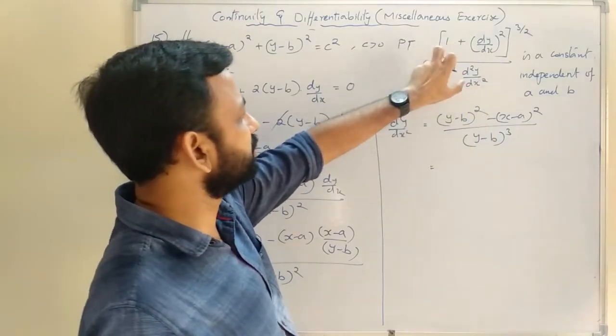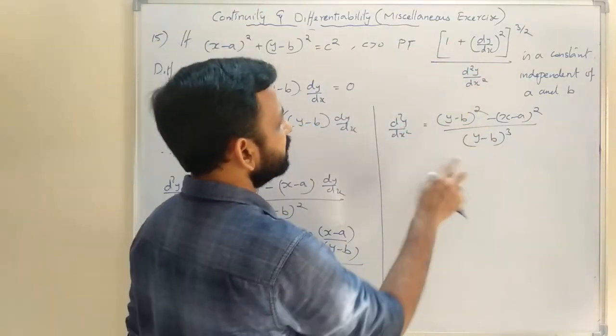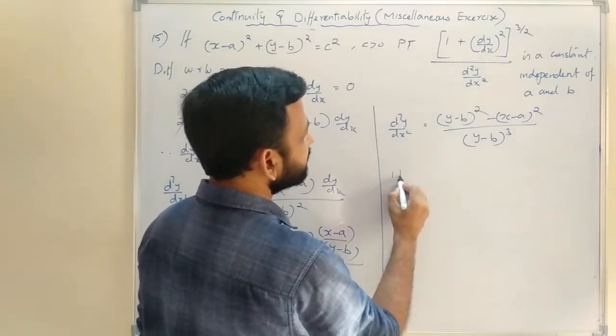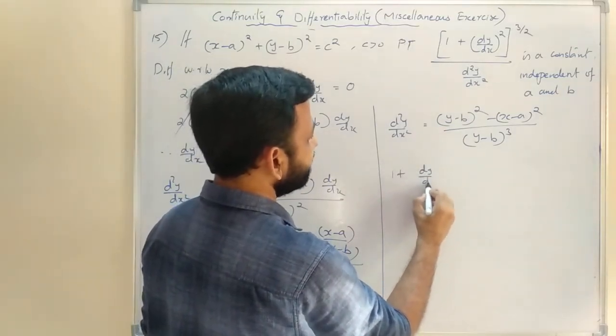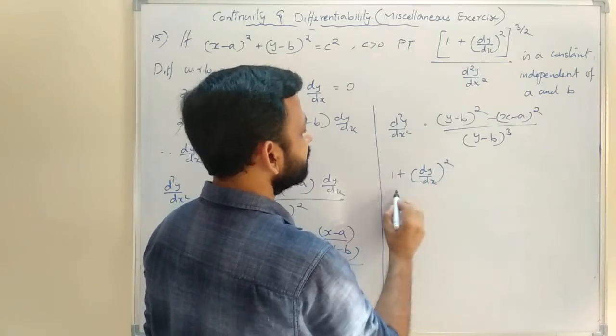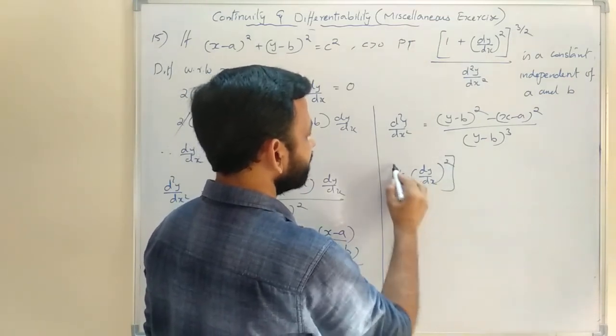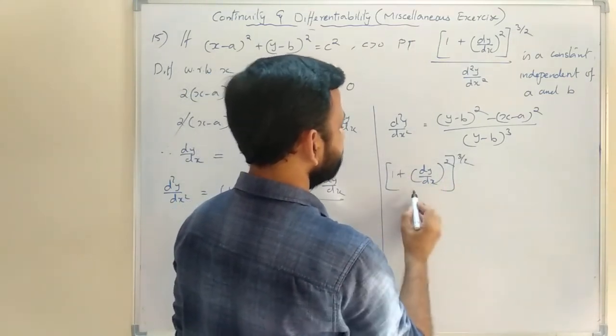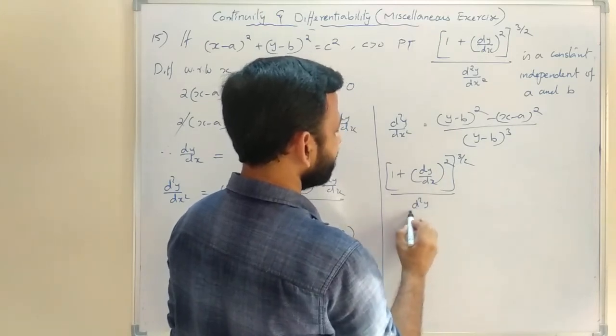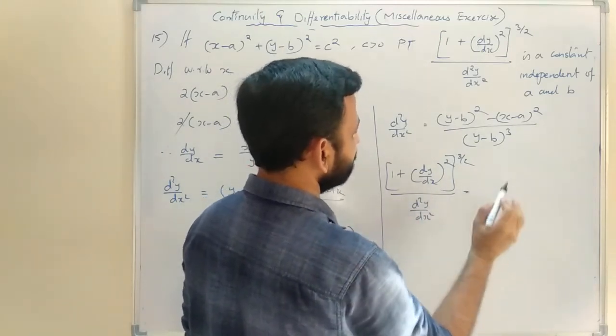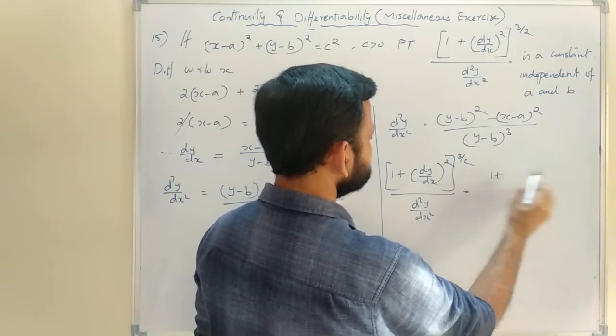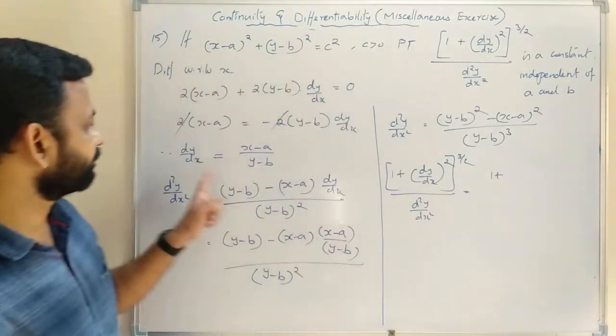Now we are going to replace these values in this expression. So we can write [1 plus (dy by dx) all square] raised to the power 3 by 2 divided by d square y by dx square equals [1 plus (dy by dx) all square].